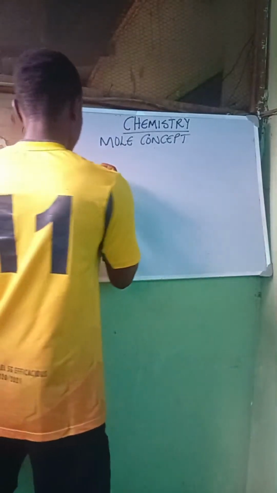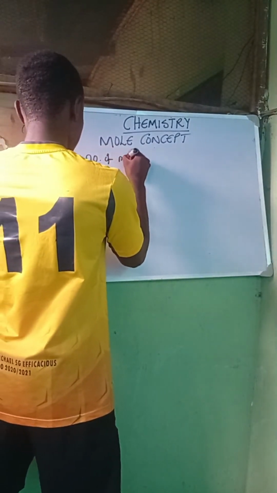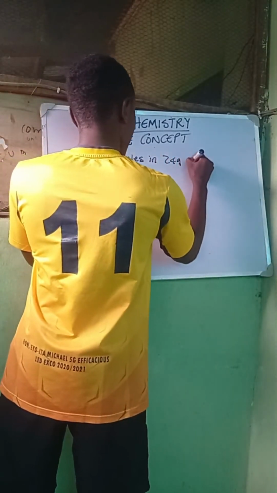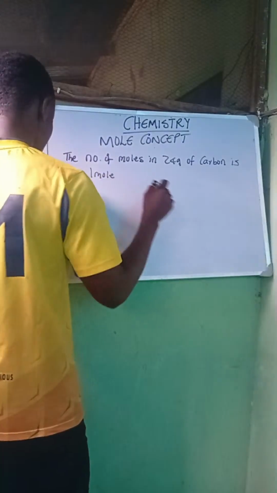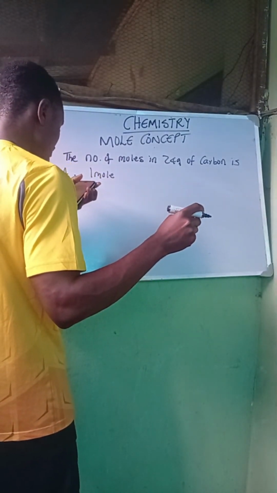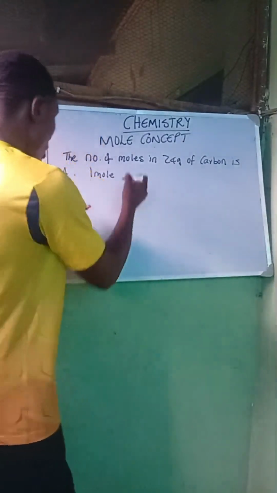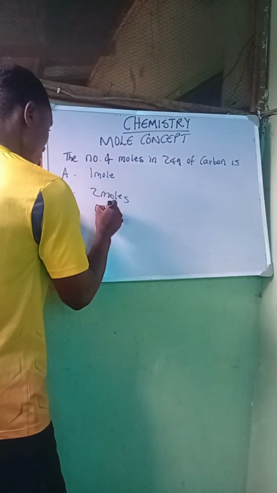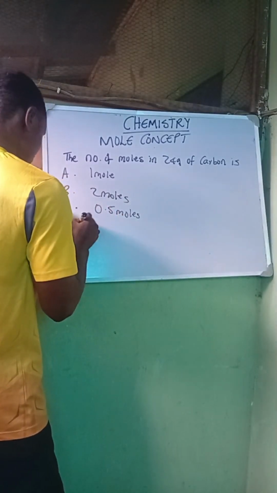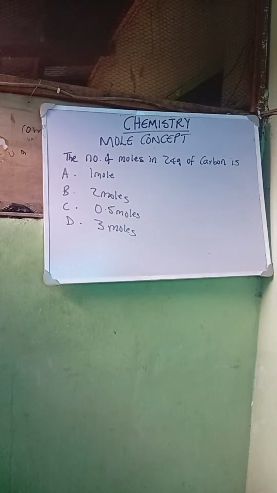The number of moles in 24 grams of carbon is: A, 1 mole.